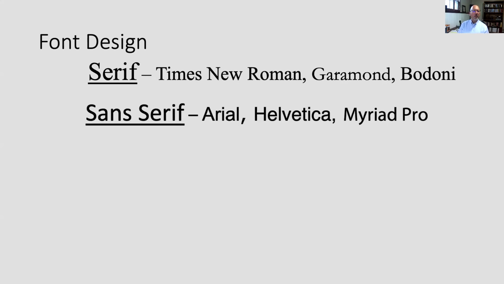The next family is what we call sans serif. Common fonts there are Arial, Helvetica, or Myriad Pro. Of course, there's lots of others that fall into both of these families. The word sans is Latin for without, and so a sans serif is without a serif, or without that little tail.